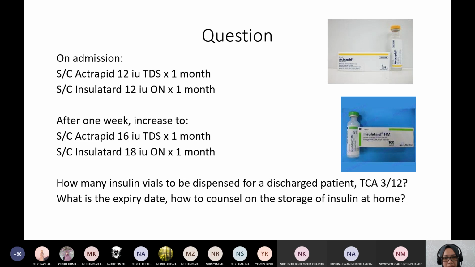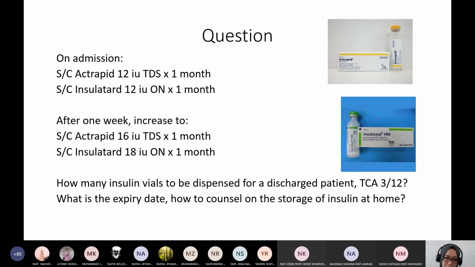Simple maths, just to give you a scenario. 12 times 3 is how much? So how many units for 3 days? Atropine, how many units?